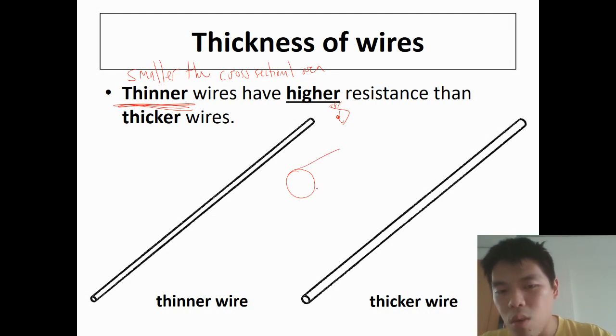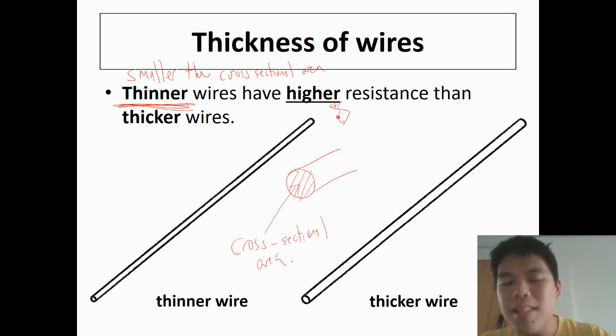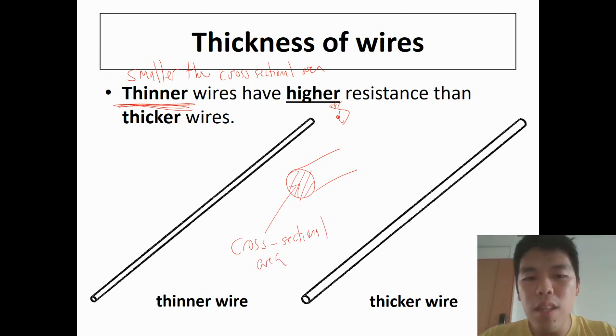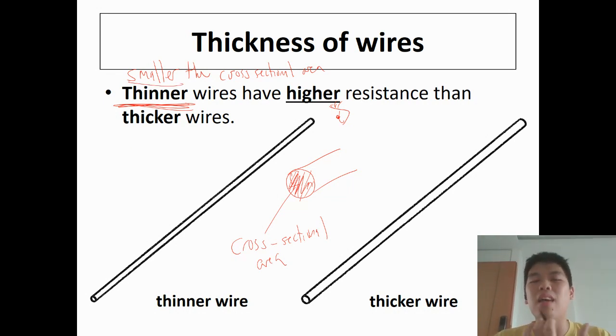So this is your wire. This area here is called your cross-sectional area. Basically, it's just the area. So if this area here is very, very small, or what we call thin wires, then the resistance is very high.